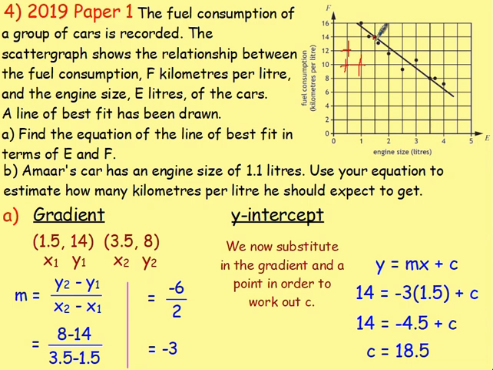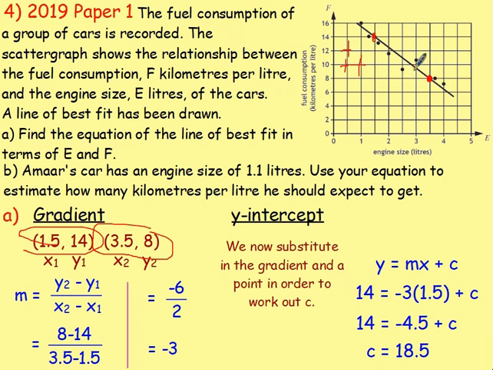So if you try to pick off a point, there is a point there. So that would be 1.5 and then 14. So that is a point. And then try to find another point on that line. You should hopefully see that the straight line is going through that point. So that would be 3.5 and then 8. That's the only difference. That's as tricky as this gets, just having to come up with your own points.